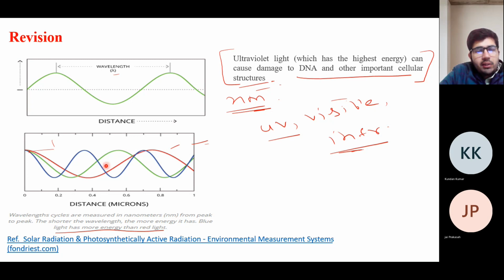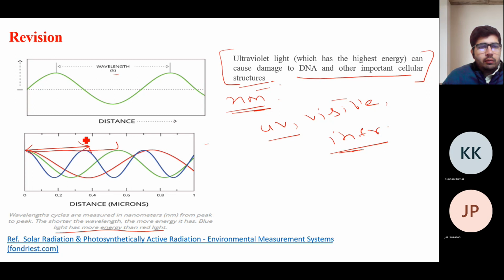So in this diagram, you can see there are three wavelengths: blue, green, and red. We can see the distance between the peaks for the blue, like from here to here. See the distance.